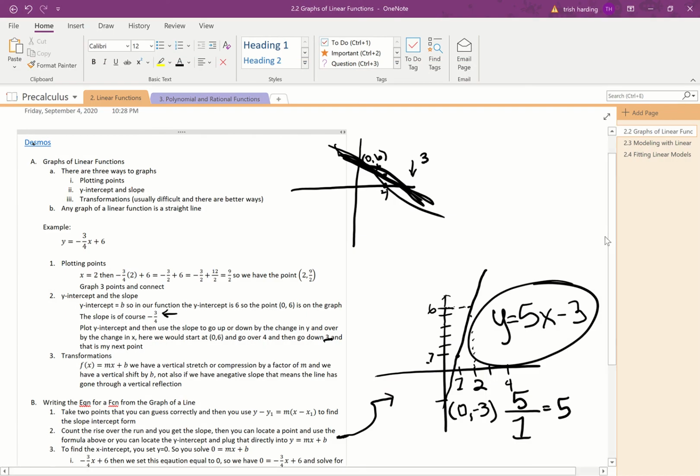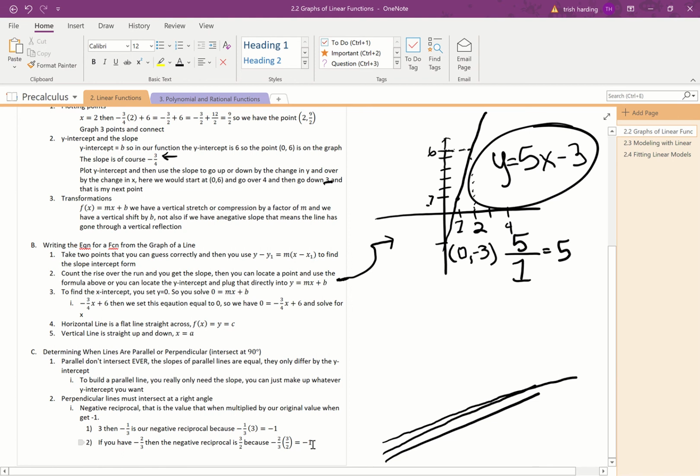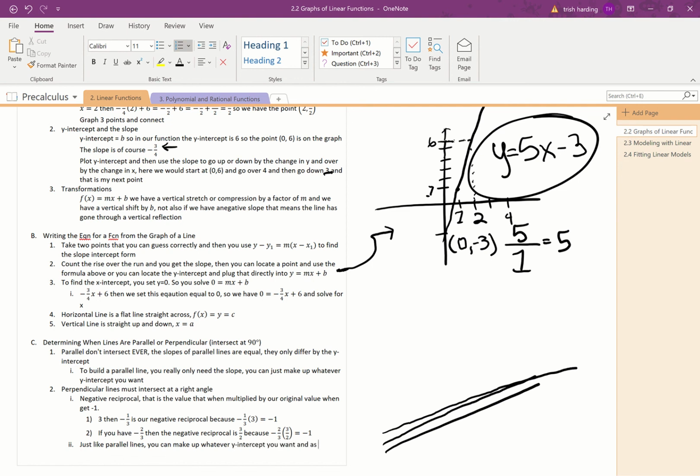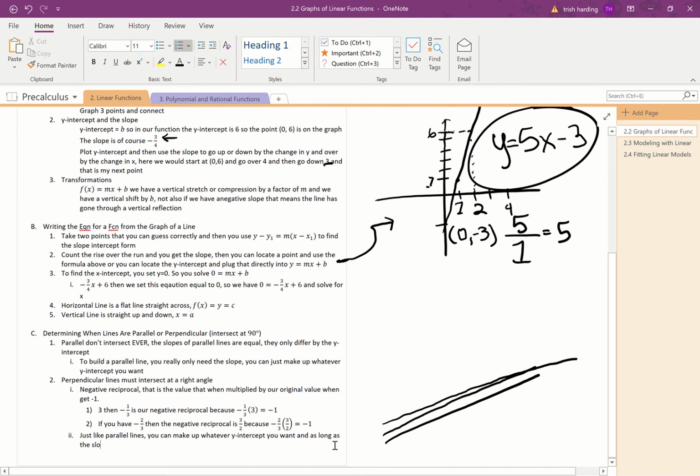Just like parallel lines, you can make up whatever y-intercept you want, and as long as the slope is the negative reciprocal, your line will be perpendicular to your original line.